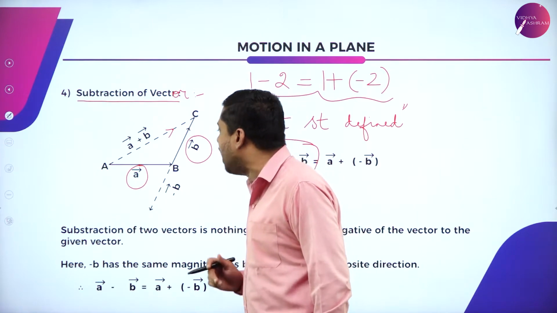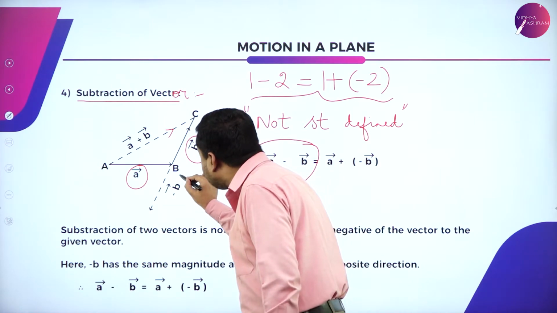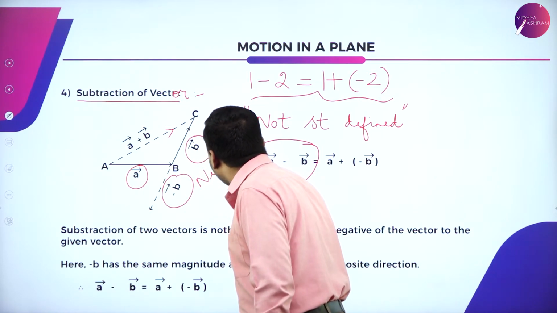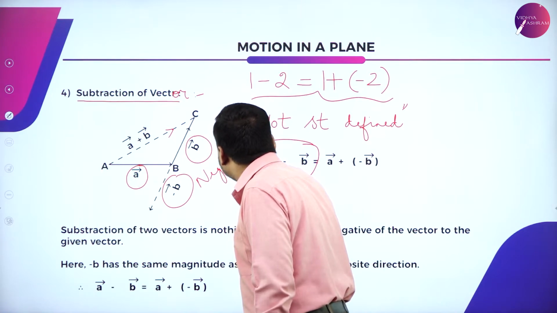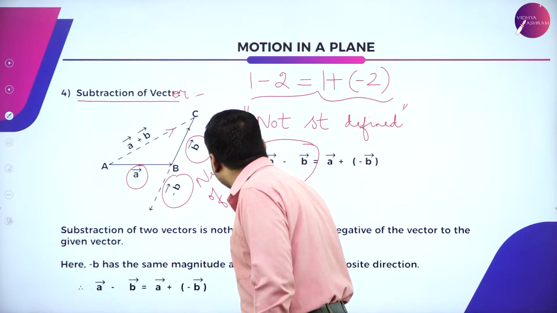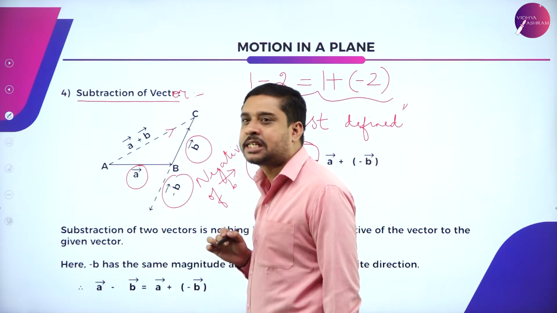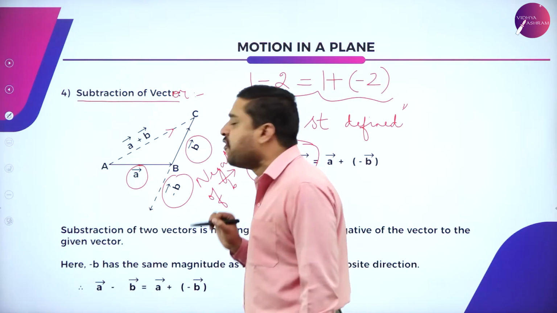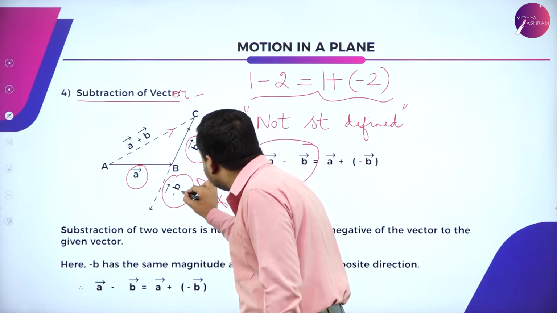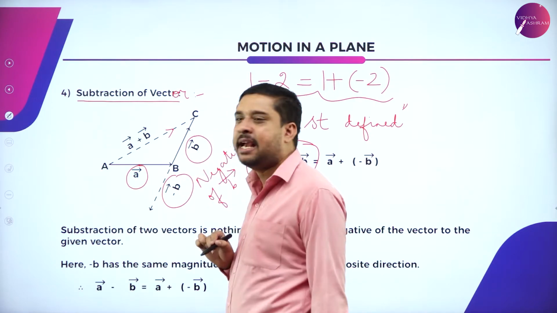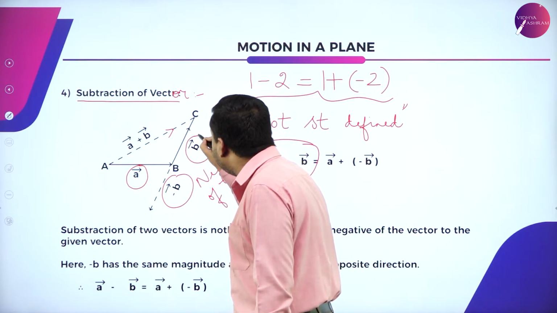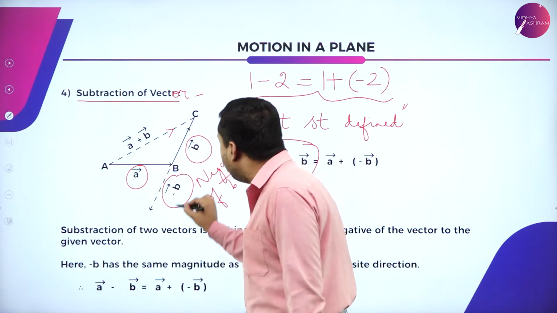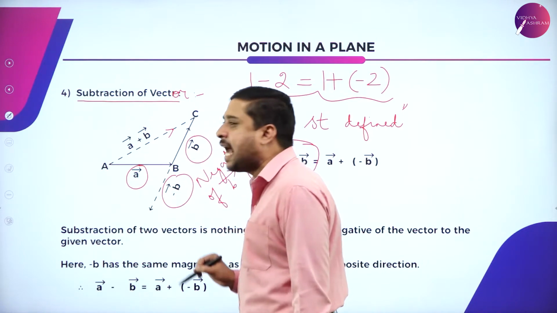So what I do is, I construct the negative of vector B. I have constructed something called the negative of vector B, which means this vector has the same magnitude as vector B, but acts in the opposite direction.